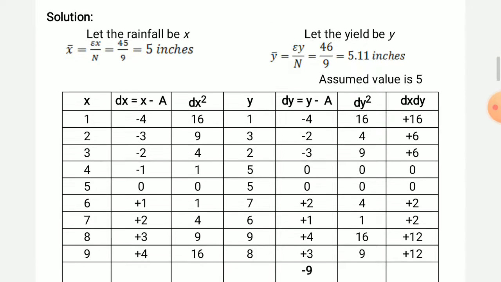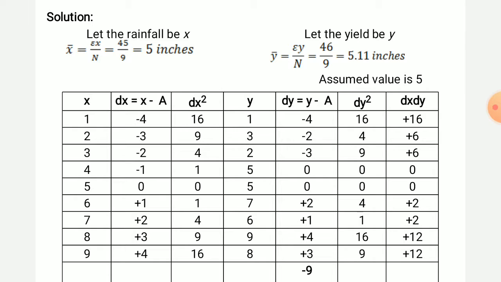in the first column we have to take the given series or variable x, and for this first column x, variable x, we have to find the difference of all given values of x series by using assumed mean or assumed value.